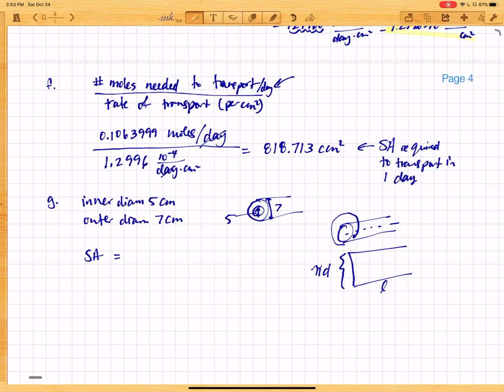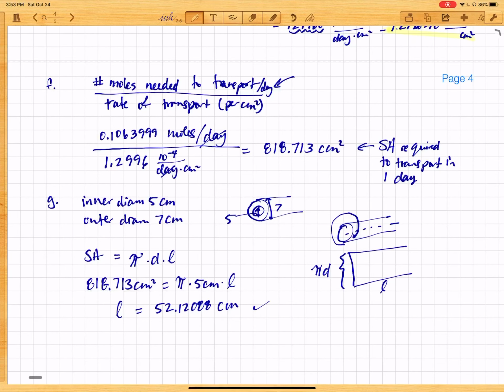Okay, so surface area equals pi times d times L. So that's 818.713 centimeters squared equals pi times 5 centimeters times L. So we just solve for L, and we divide 818 by pi times 5, and we get the answer, 52.12088 centimeters.